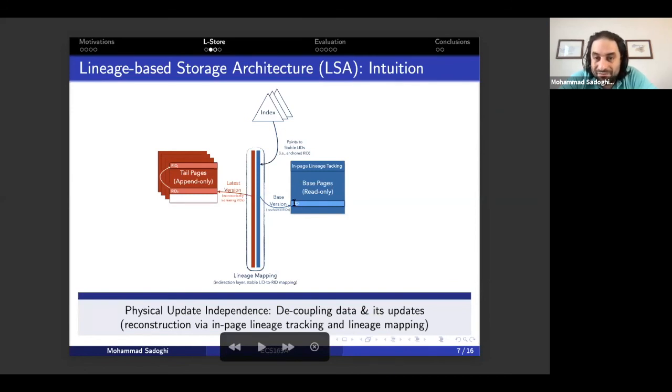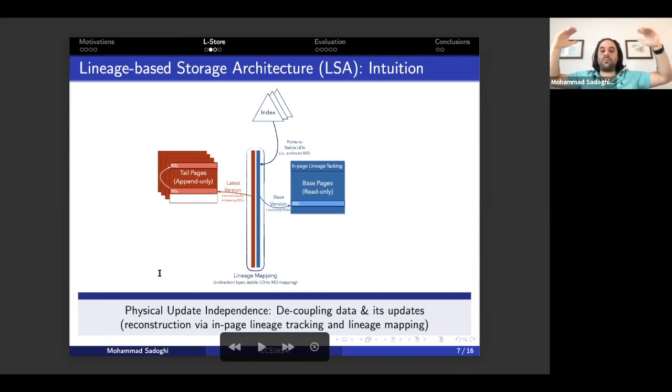Now, later on, if this record gets updated, its update is added to its corresponding tail page. So a set of base pages will have their updates directed to a tail page, and once that tail page is full, we'll create another tail page. So a set of base pages corresponds to a set of tail pages. If I have another set of base pages down here, they will correspond to their own tail pages.